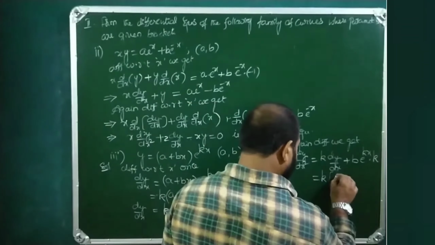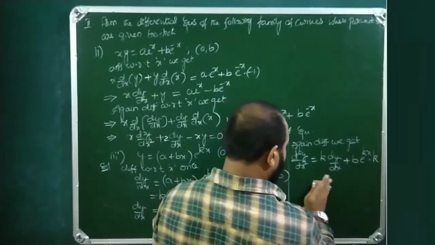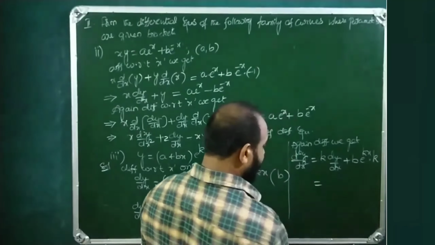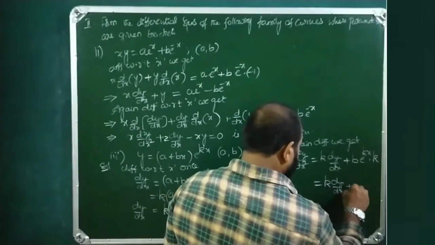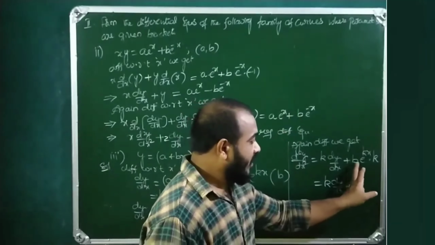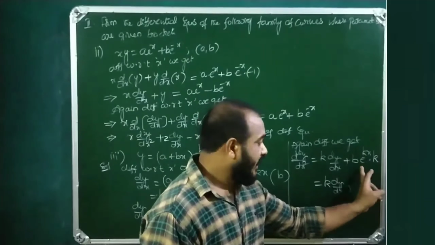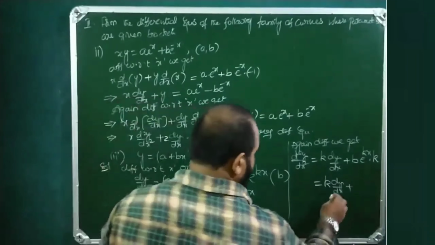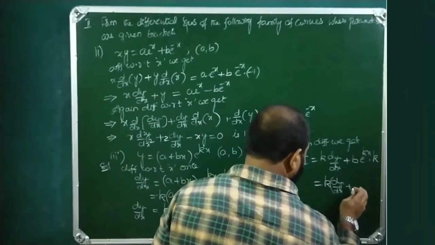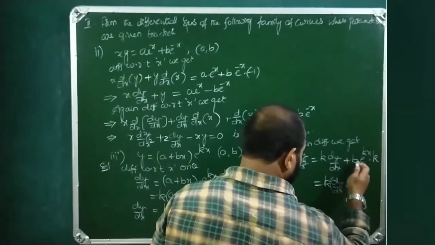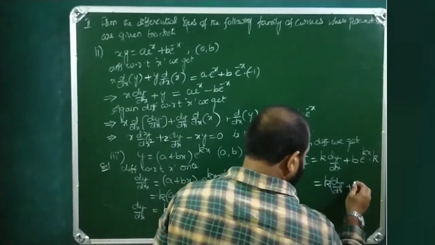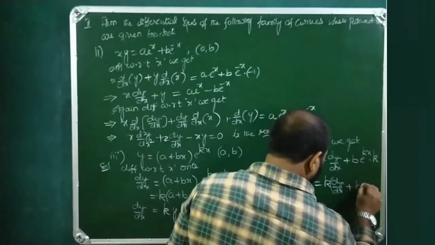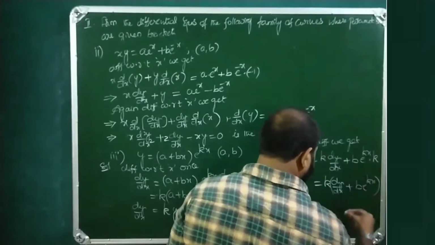So otherwise we can write this as k dy by dx, but the other constant b is not eliminated yet. This can be written as k into dy by dx plus b into e power kx.